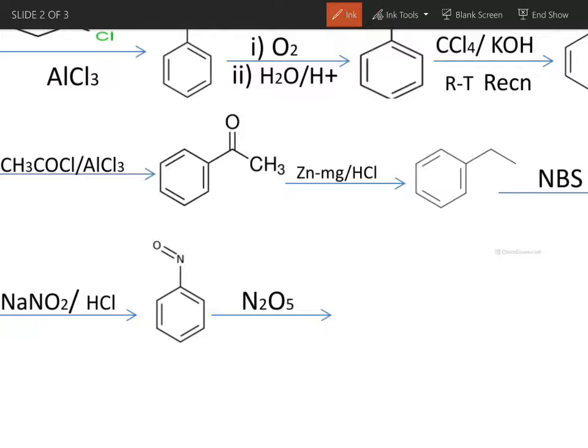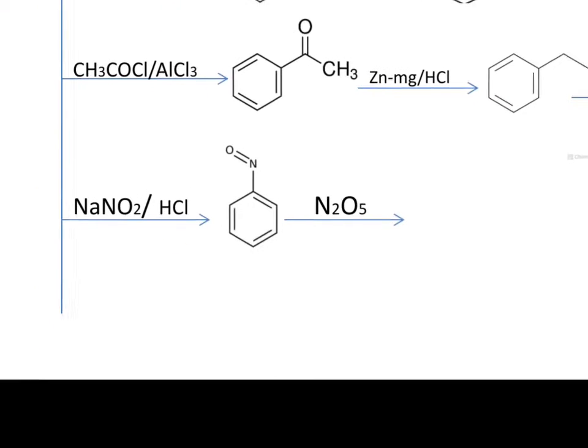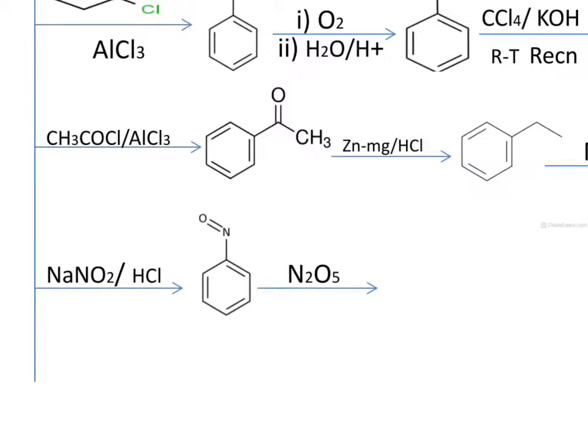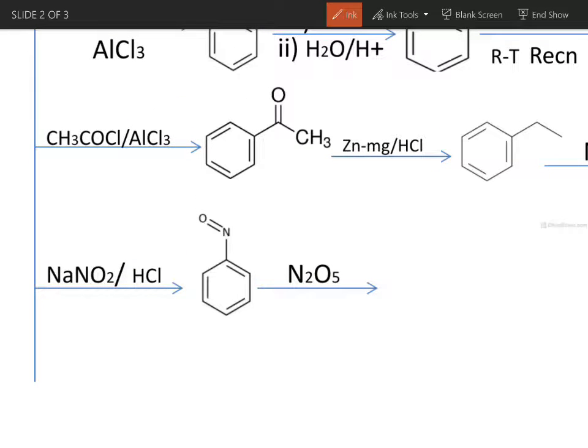Let me write. If the NO2 electrophile formed from N2O5 gets attached, here it is N double bond O. If it gets attached at the ortho position, the positive charge will form at this carbon. This double bond remains as it is.